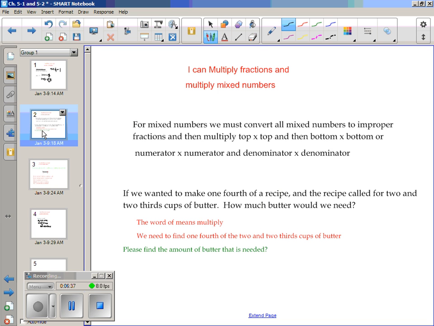An example of a mixed number is 3 1/5. We have to convert this mixed number into an improper fraction. What is 3 1/5 equal to as an improper fraction? 16/5. Can you explain how we got 16/5?